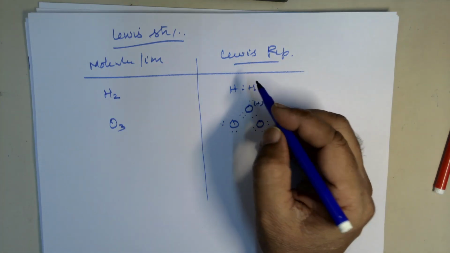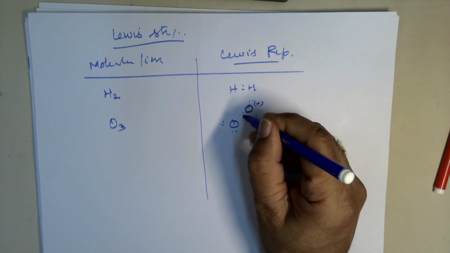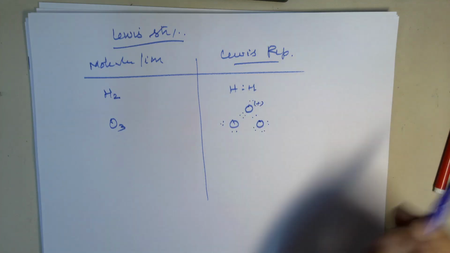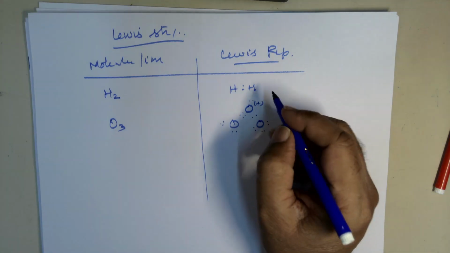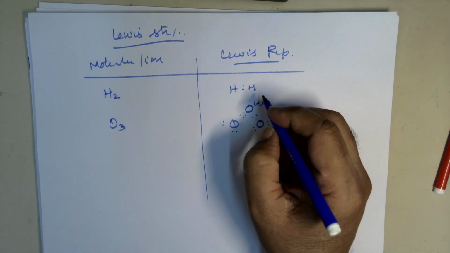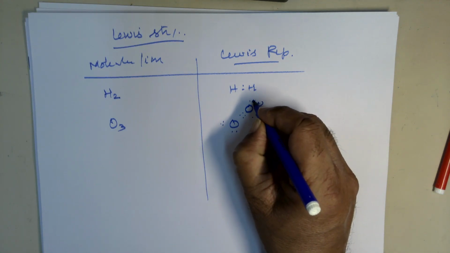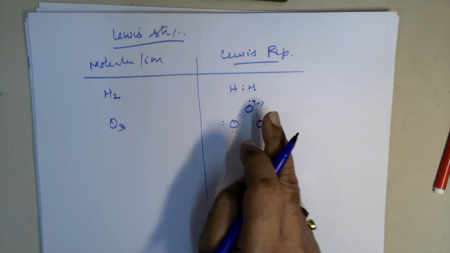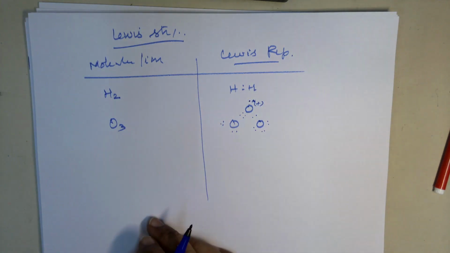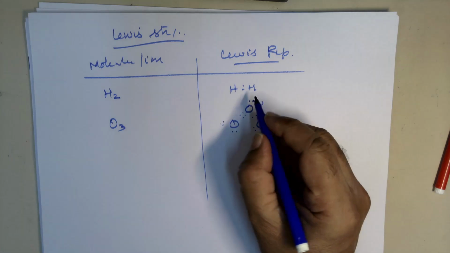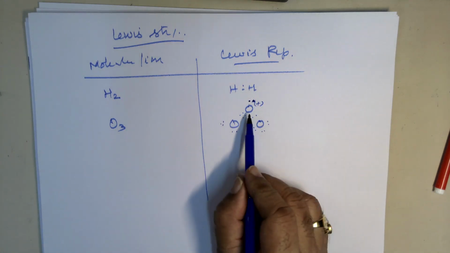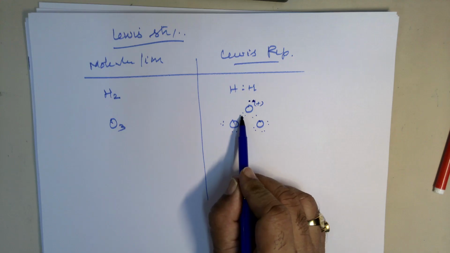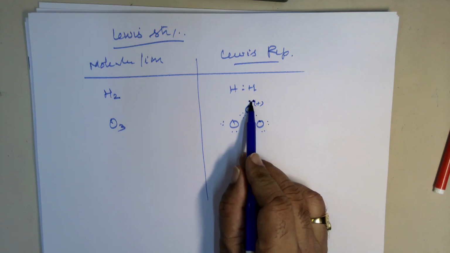And what about this, 2, 4, 6, 8? Octet configuration. But as I already told you, there is one electron lost here, not two. I'm sorry, two excess here. You just counted 2, 4, 6, and it has got 8.